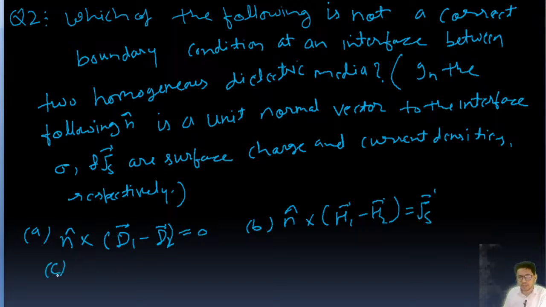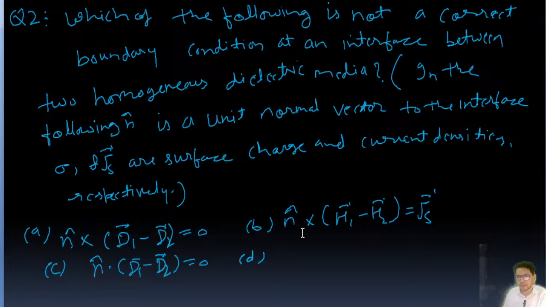Option C is n cap dot d1 minus d2 equal to sigma, and option D is n cap dot b1 minus b2 equal to 0.